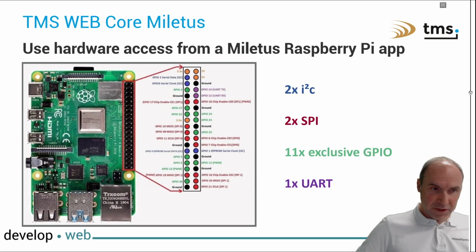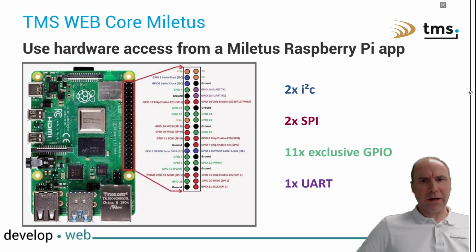So it offers out of the box two I2C interfaces, two SPI interfaces. You have 11 exclusive GPIO pins. That means pins that are exclusively used as GPIO. You can also configure more pins as GPIO, but then you will, of course, need to skip, for example, using some I2C or SPI or UART.